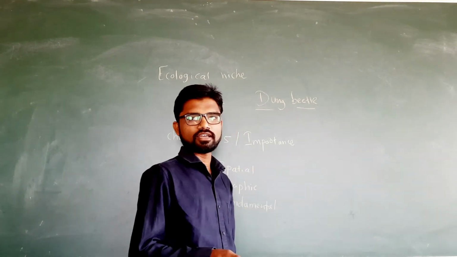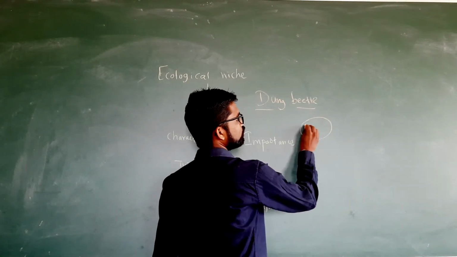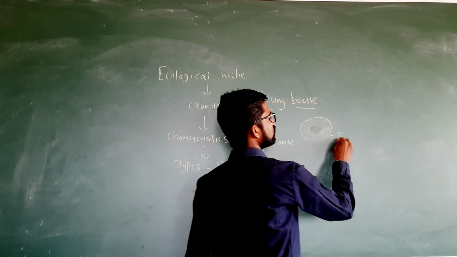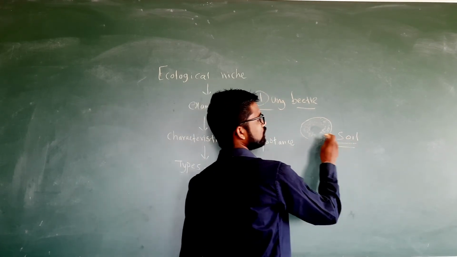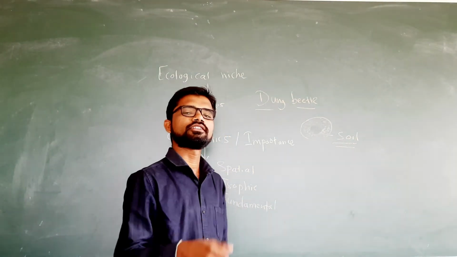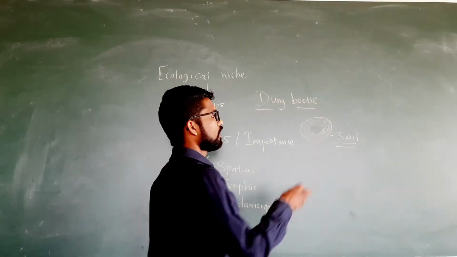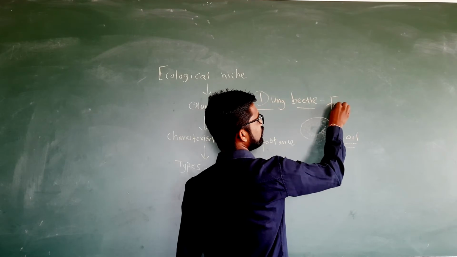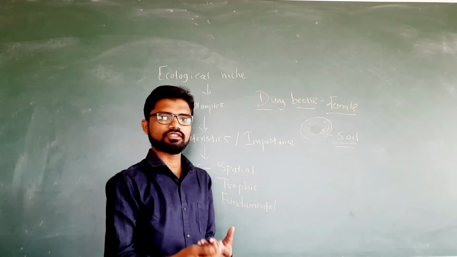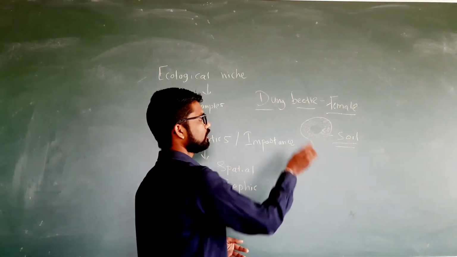So their role is to make small soil balls, and they make their own habitat, which is a micro habitat. The female dung beetle's role in this micro habitat is to lay the eggs.